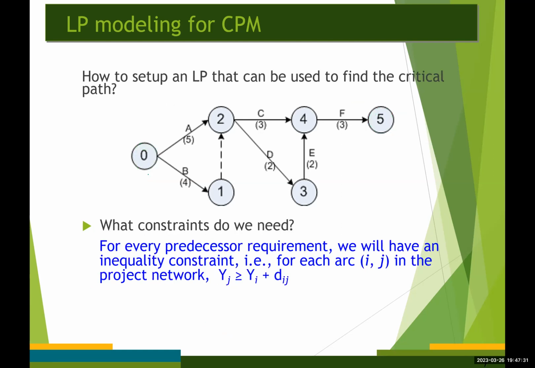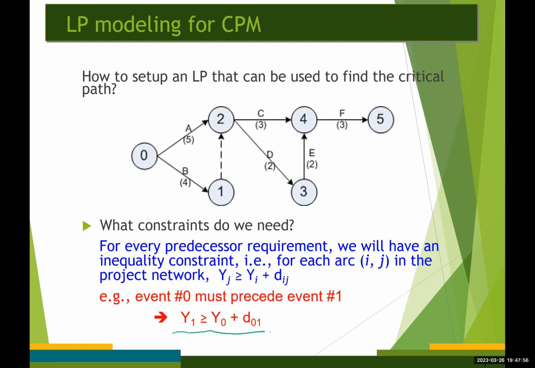Okay, then what constraints do we need? For every precedence requirement, we will have a constraint. For example, event number 0 must precede event number 1. This translates to y1 is greater than or equal to y0 plus d sub 0,1.